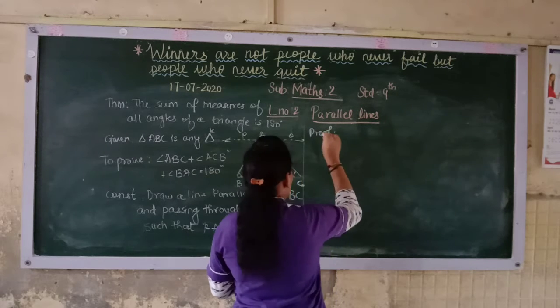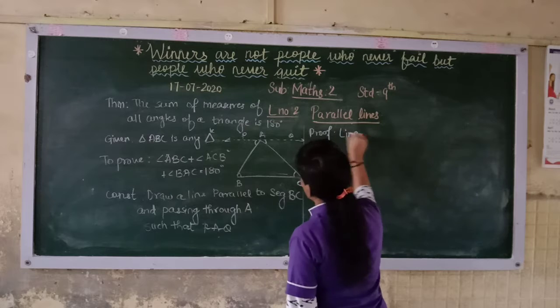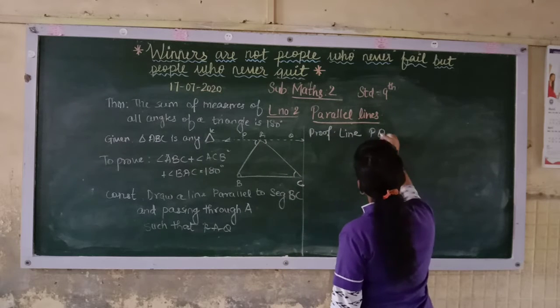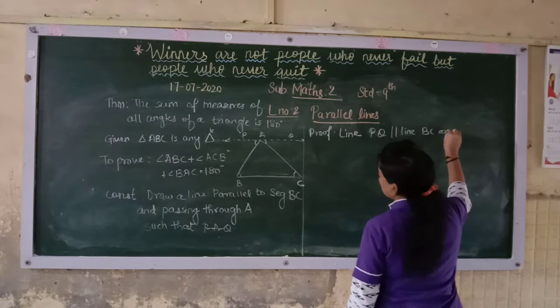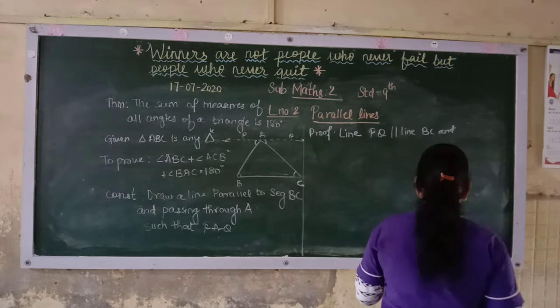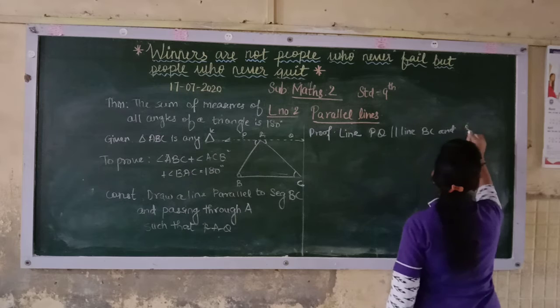So what will you write? Line PQ is parallel to line BC and line AB is the transversal.